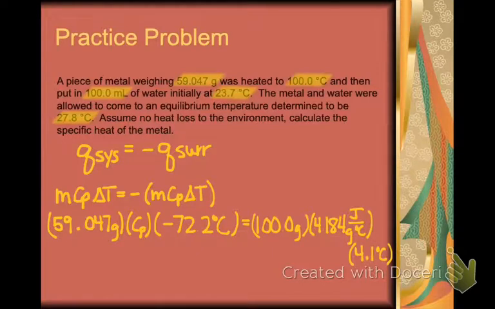So I'm not going to show you all of the work here, but what I would do on the left-hand side of the equation is multiply the 59 and the 72.2. I would multiply those two things together. I'm going to get a negative value there, and then I would multiply everything on this side together, and I would solve for C sub P by dividing the product on the left by the information on the right.